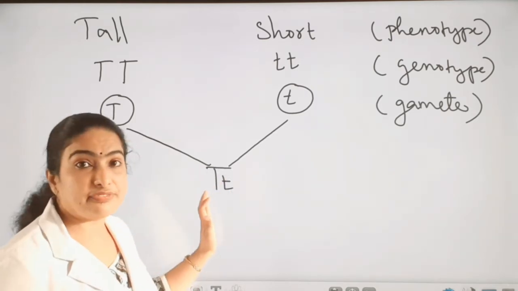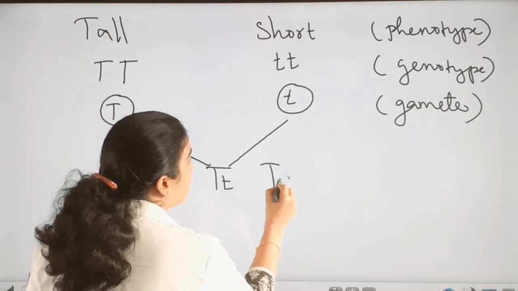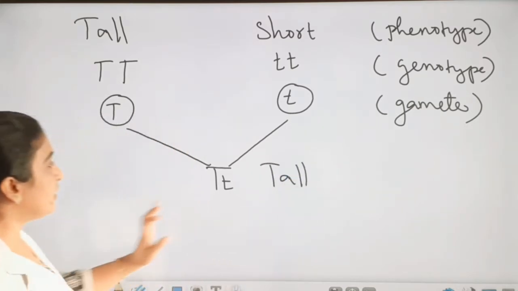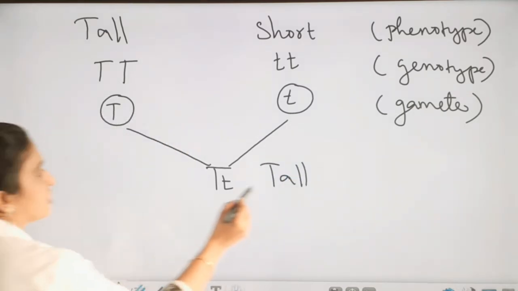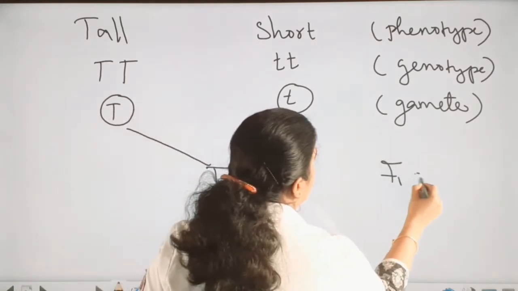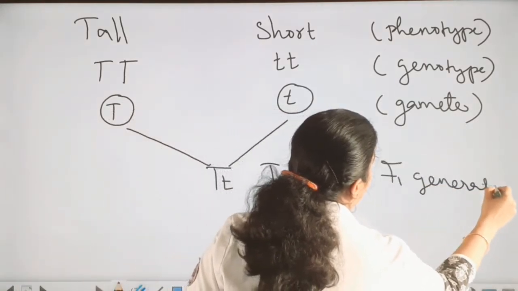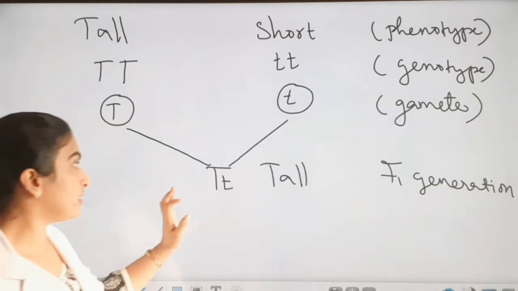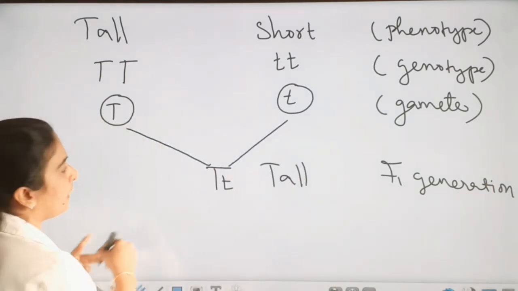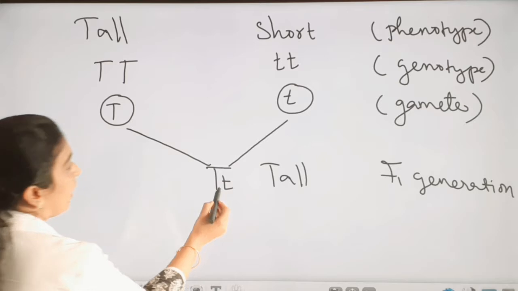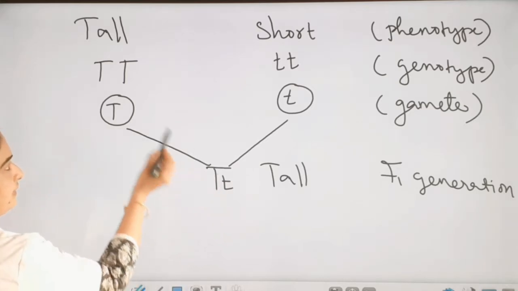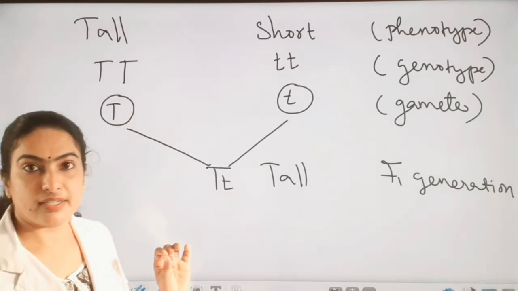So he noticed that the first generation was tall, all tall plants. Is it clear? So this is the first generation, F1 generation. F1 generation were all tall plants, but the problem is here the genotype is entirely different from the parents.